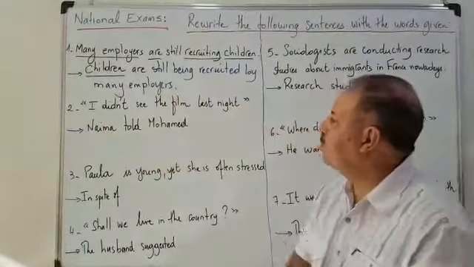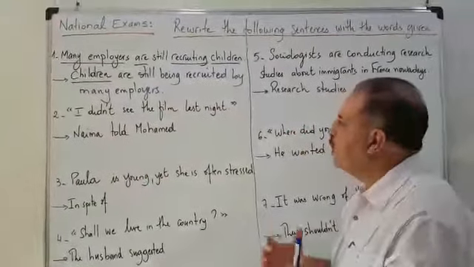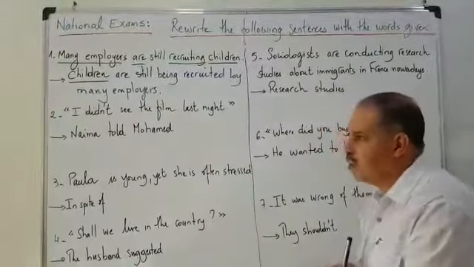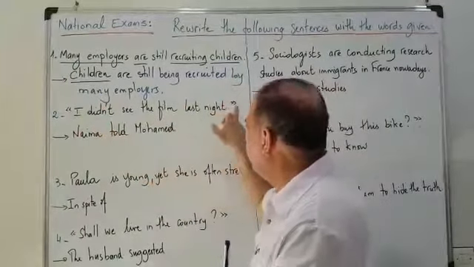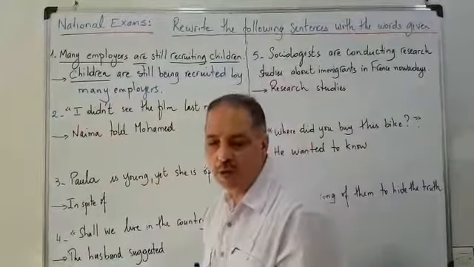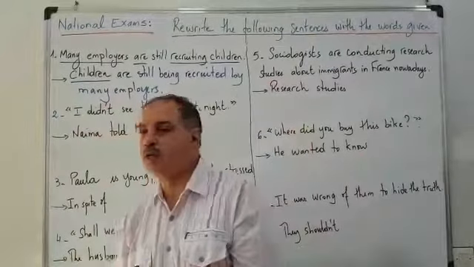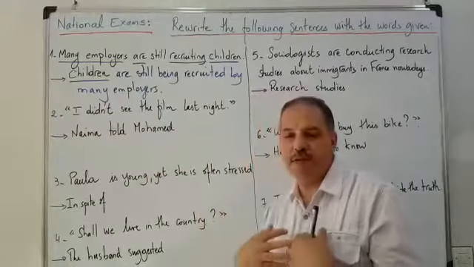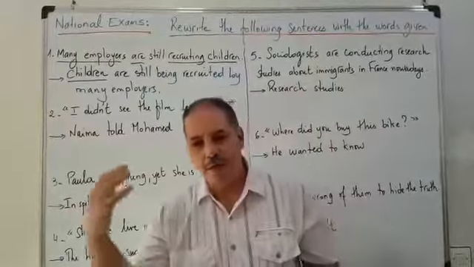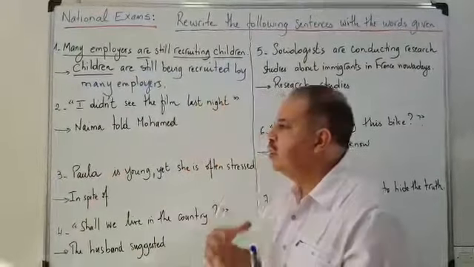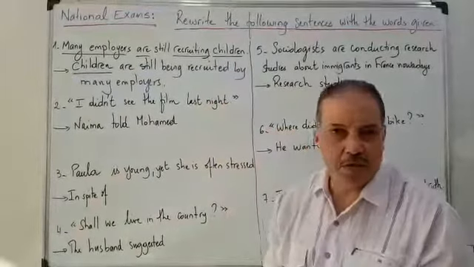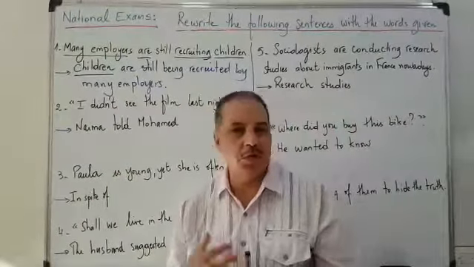Now if you move to the following sentence, we have: I didn't see the film last night. Notice here we have inverted commas, which means that we have reported speech. So we need everything necessary for moving from direct to indirect speech, including tense changes, expressions of time changes, and so on.